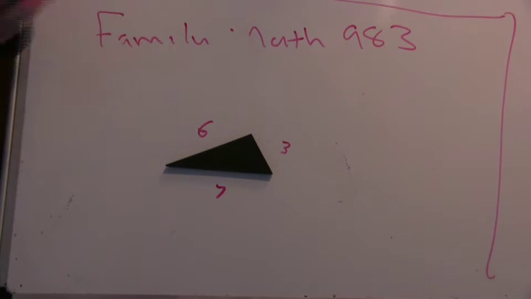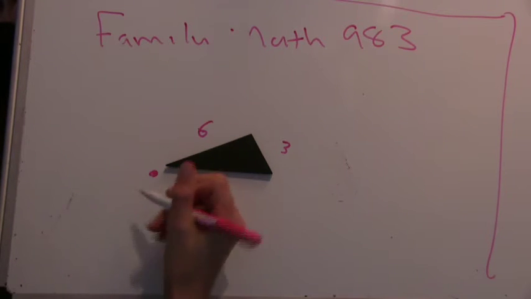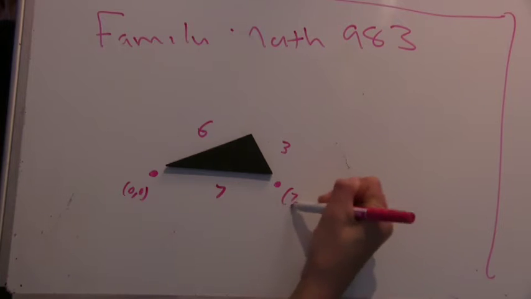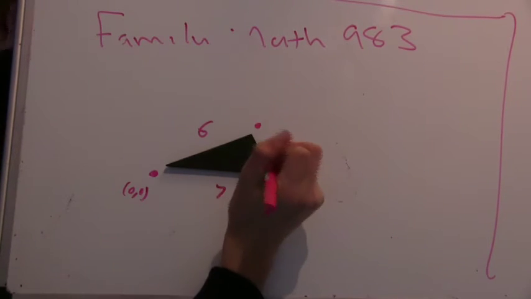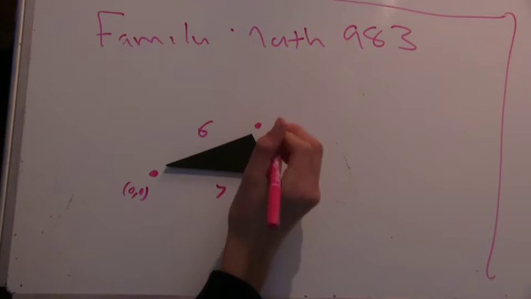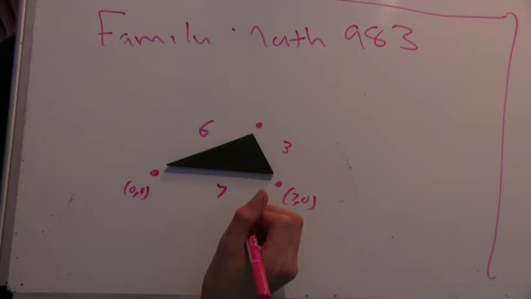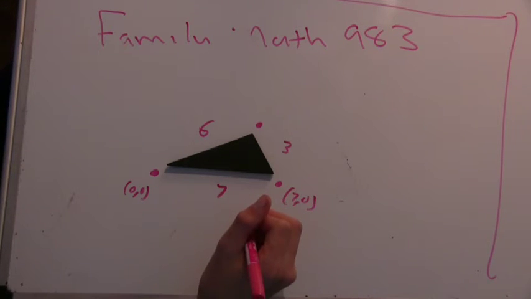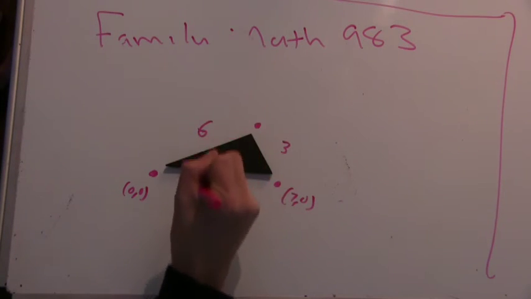So we can start the same way, and mark these points. But then we have to figure out what this point is in relation to the other points. Since we know the sides, we can use the law of cosines to find what this angle is.